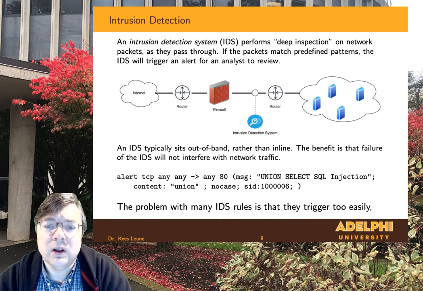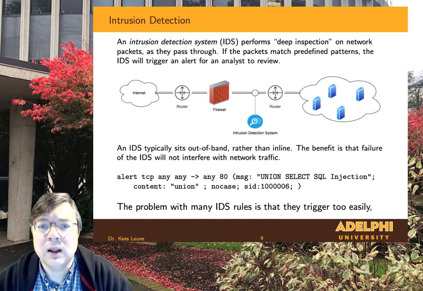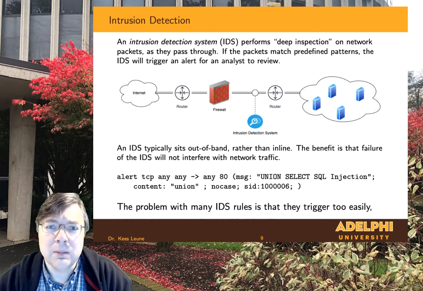One such device is the intrusion detection system, the IDS. And if you believe the marketing people, an IDS performs deep inspection on network packets. The difference between a router and an IDS is somewhat important. A router will only look at the IP addresses. That's its job. A firewall will look at additional components.